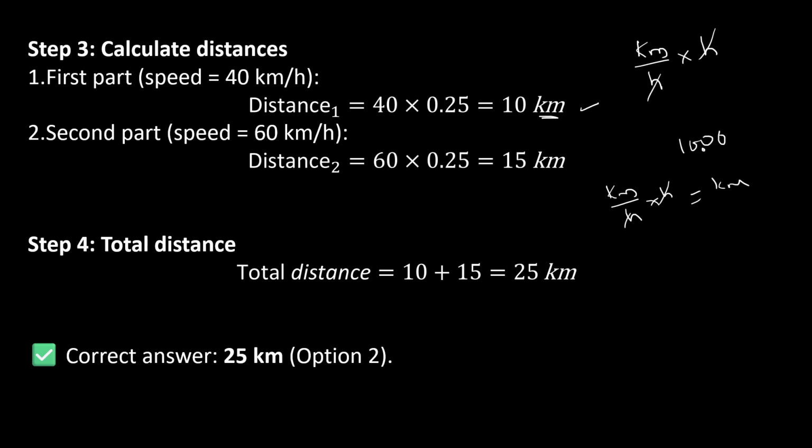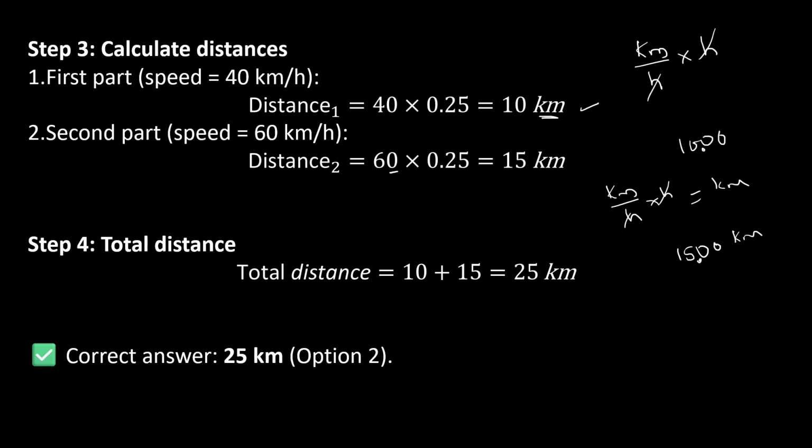Now the calculation is 60 into 25. 25 6s are 150. Then from the right side, 2 decimal points, I put the decimal point. That's why the answer is 15 km.